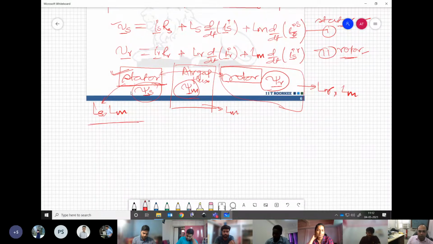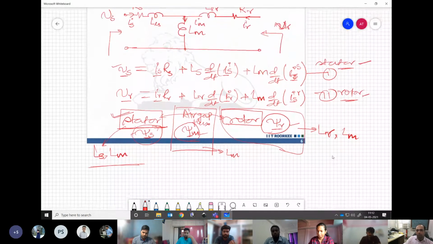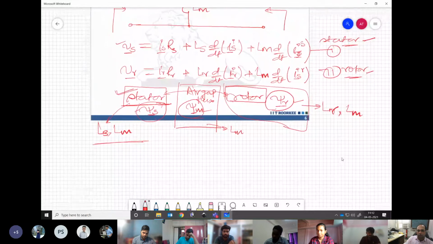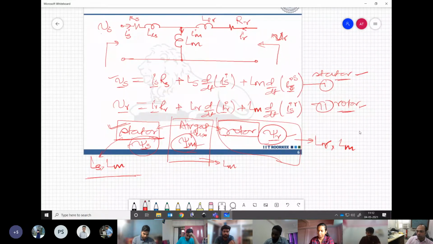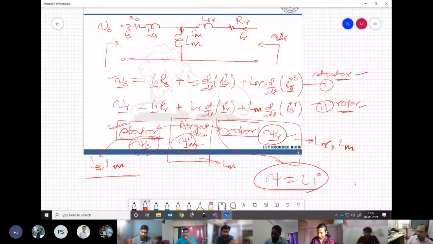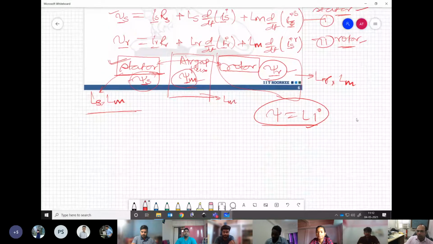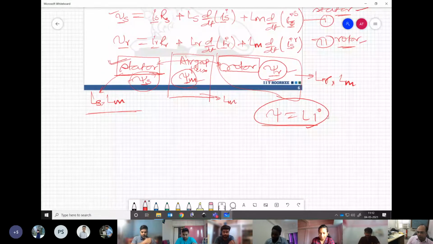So let us see how these flux can be defined first, and then we go for defining our other quantities. Now, what is basically flux if I ask you? So it is L into I, isn't it? Yes, sir. Is that true, right? So whichever term is coming because of some inductance and current, that is actually termed as flux.